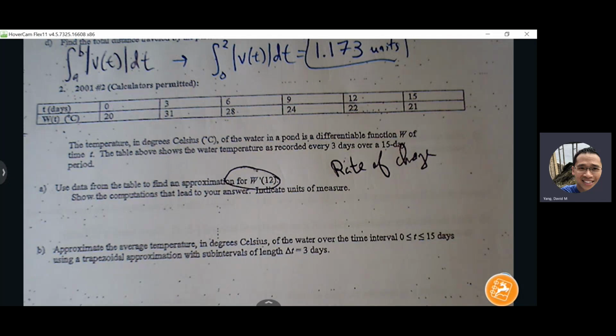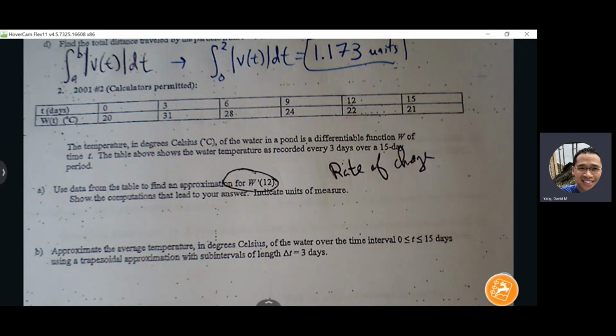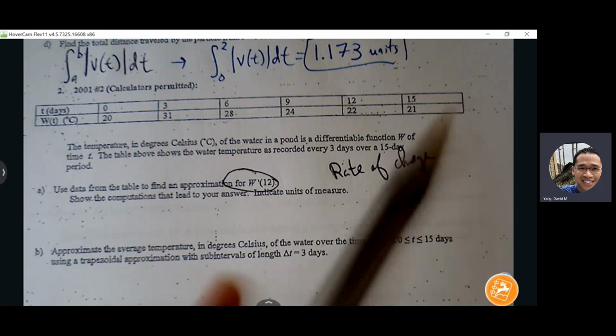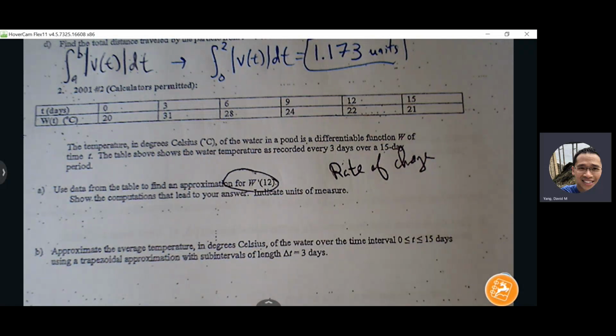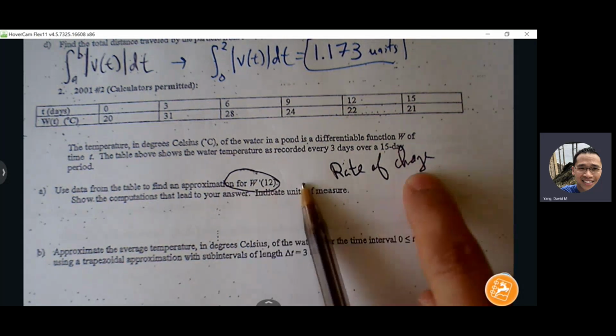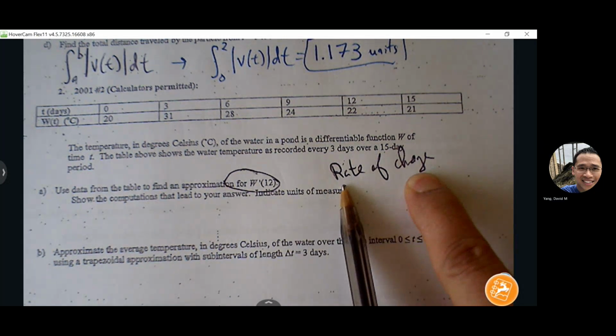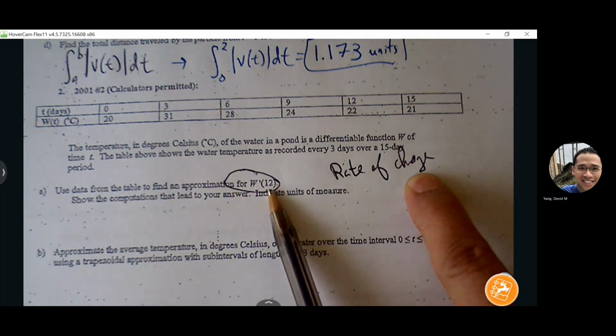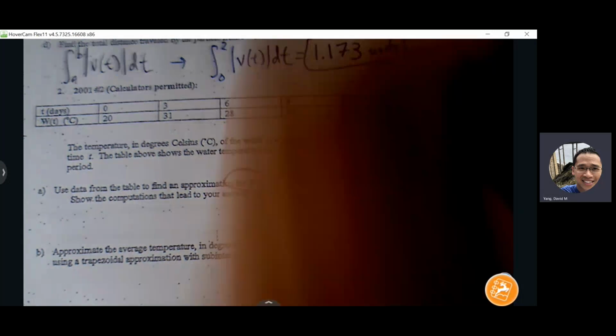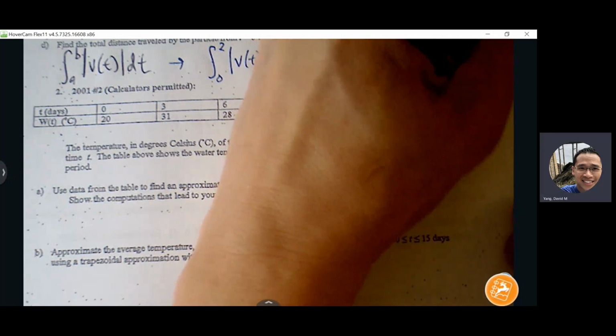They think that first word is velocity. So we don't want to say the word velocity if it's in a different context. You want to say rate of change of whatever the quantity is. So this is the rate of change of what? Temperature on the 12th day. Yeah, the rate of change of the temperature on the 12th day.